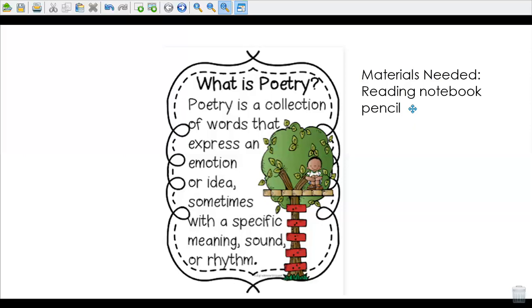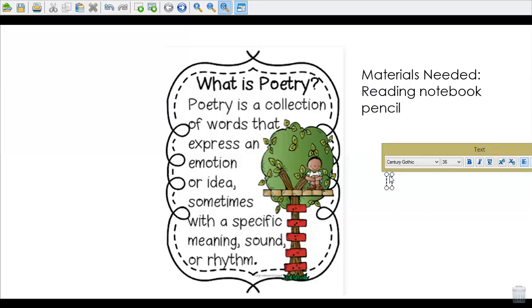So once you get your reading skill notebook and a pencil, go ahead and open up to your table of contents. And every class I know is on a different page number, but your title for your table of contents is going to be poetry.